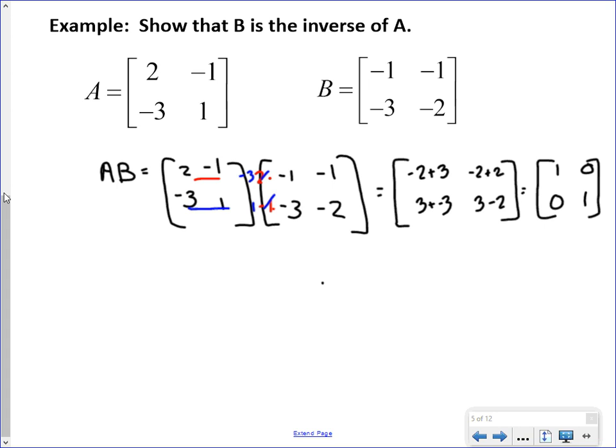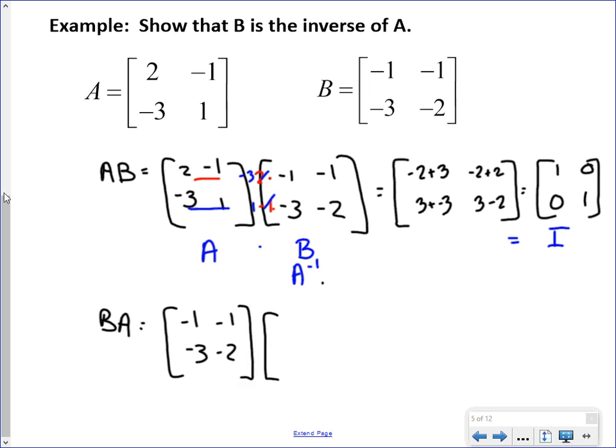So we took matrix A times matrix B, and it equaled the identity matrix. So B must be the inverse of A. That must be true. It fits that definition. Now, it should also be true, just as an FYI, that if we flip-flop them, it will also equal the identity matrix.